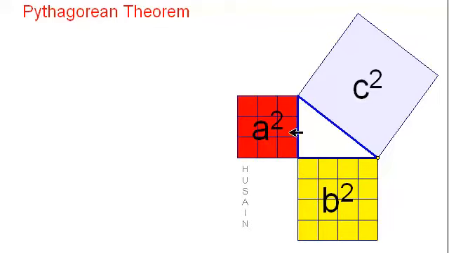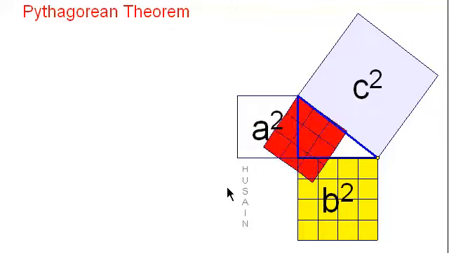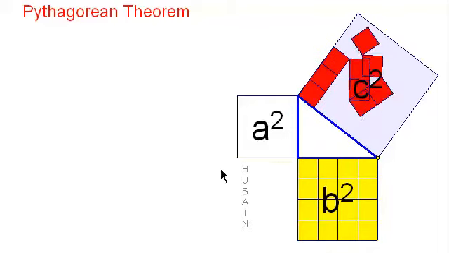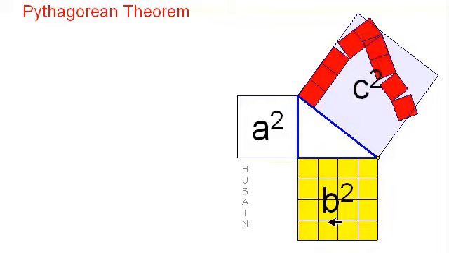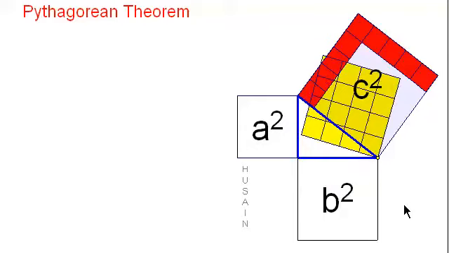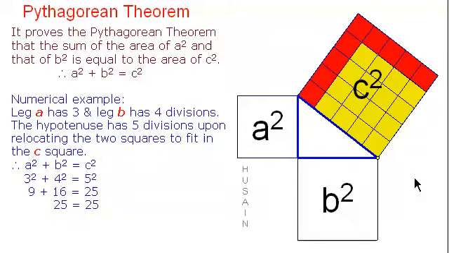Then 3 squared plus 4 squared is equal to 5 squared, which we can visually see, because the 3 square and the 4 square completely cover the square constructed on the hypotenuse, which is 5 squared.